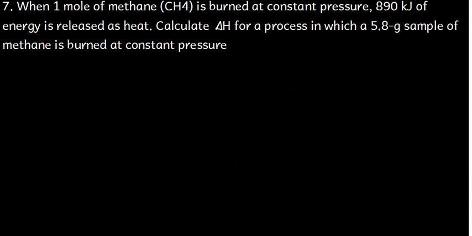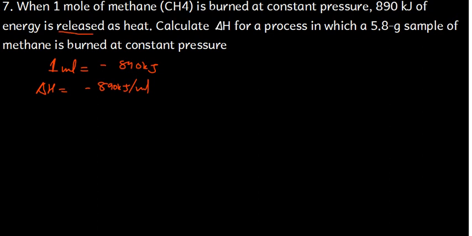So the first thing, of course, we already know: when 1 mole of methane is burnt, the heat that is released is 890 kilojoules. So this is telling us that the enthalpy when 1 mole is burnt is negative 890 kilojoules per mole. This is the energy that is released per mole, and because of the word release, we are putting a negative there.